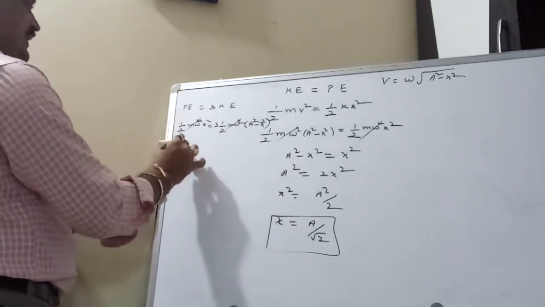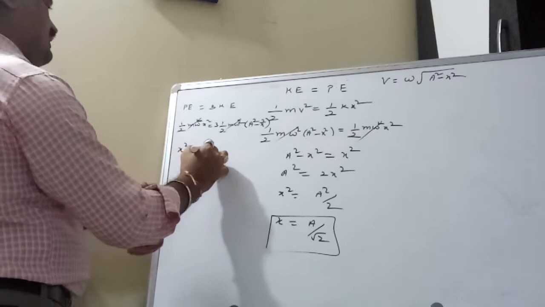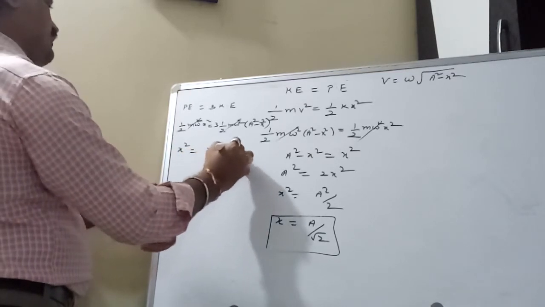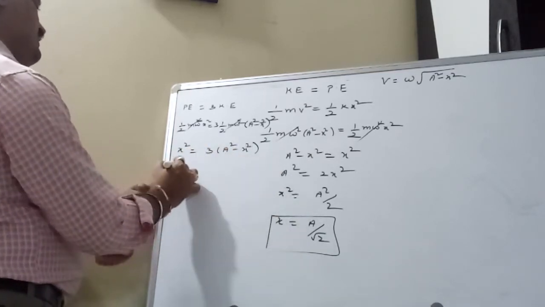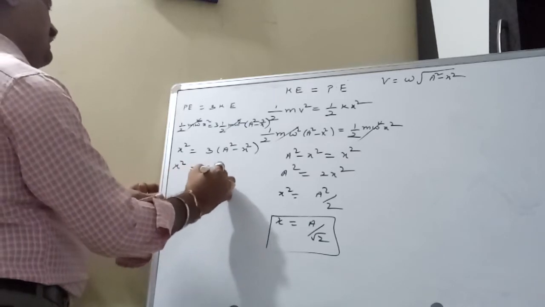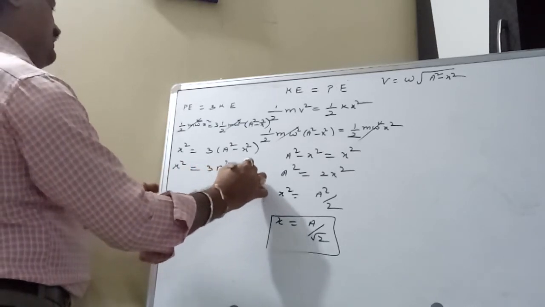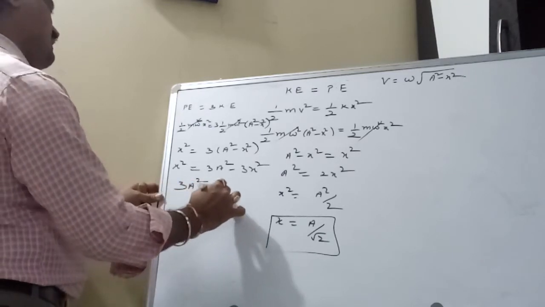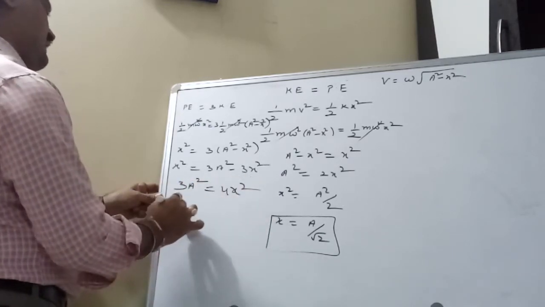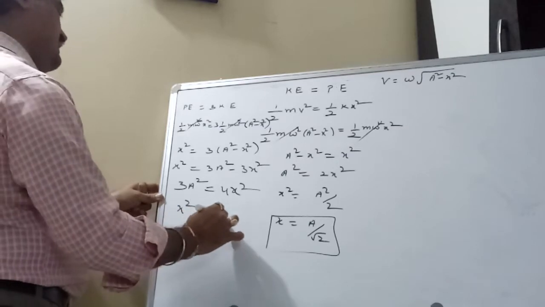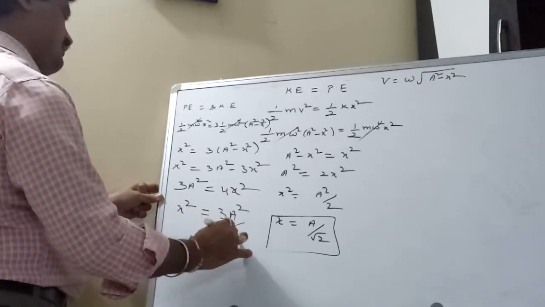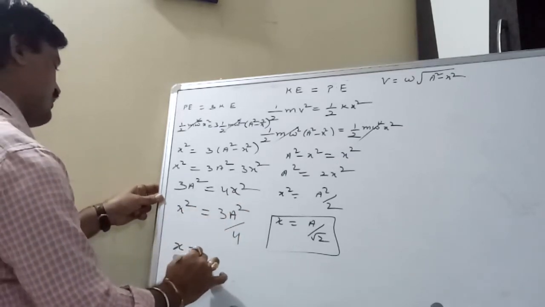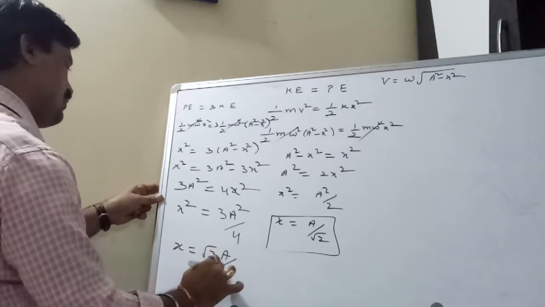Both are cancelled. So x square is equal to 3 into (a square minus x square), so x square is equal to 3a square minus 3x square. So 3a square is equal to 4x square. So x square is equal to 3a square by 4, so x is equal to root 3 a by 2.